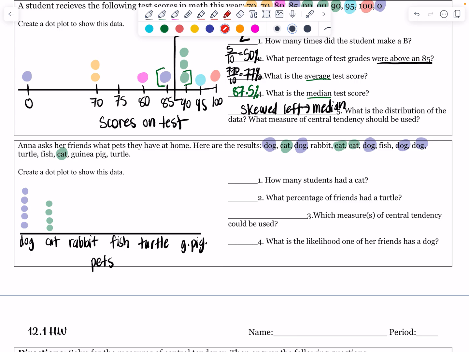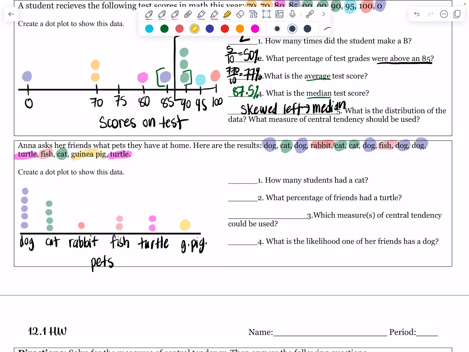Rabbits, how many rabbits did I have? There was a rabbit here and no more rabbits, so just the 1 rabbit. And then fish, 1, 2 fish. What about my turtles? Turtles, 2 turtles, 1, 2. And then I have my G pig, my guinea pig, just 1 of those, okay?